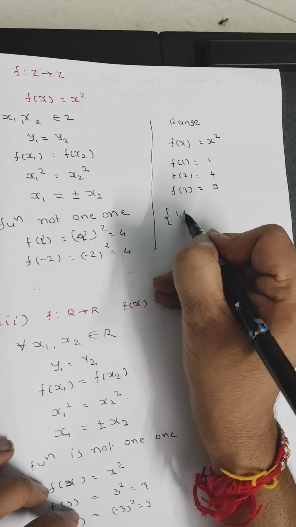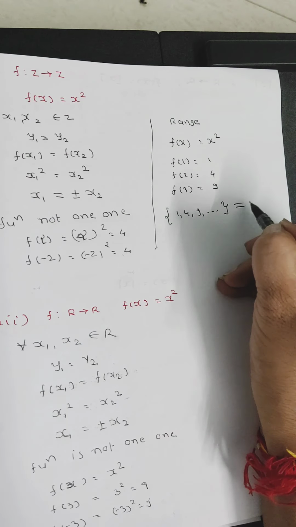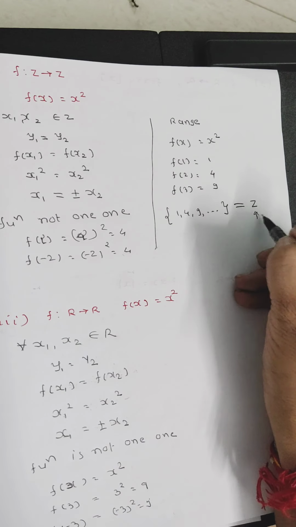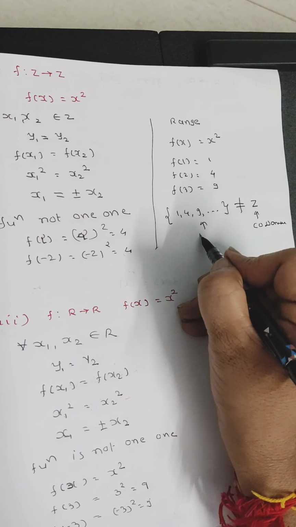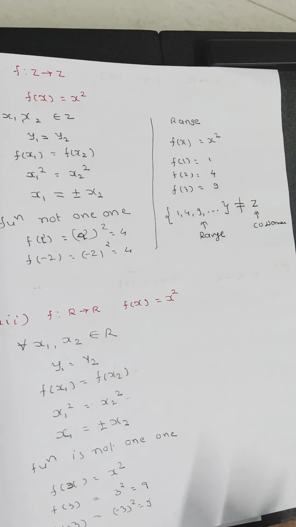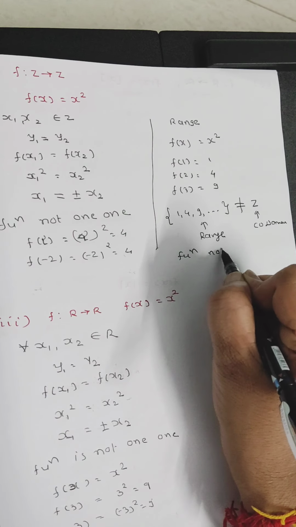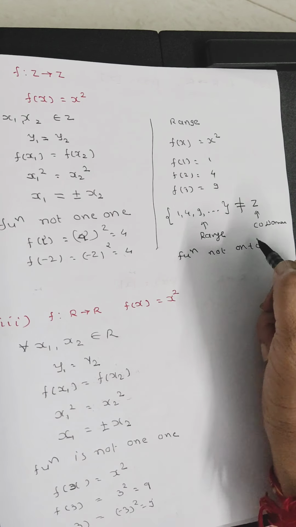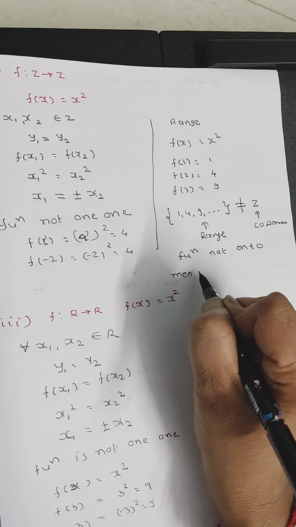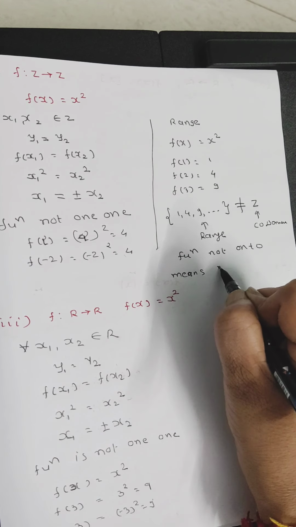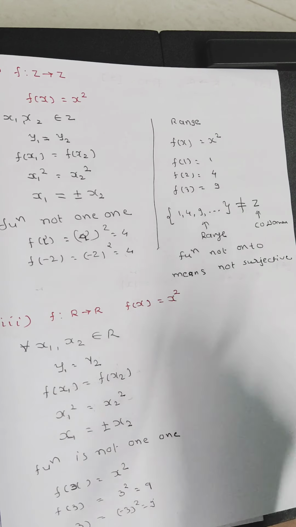So the range of the function is 1, 4, 9, and so on, which is not equal to Z. This is the codomain, and this is the range. So this function is not onto, means not surjective. Onto and surjective are the same.